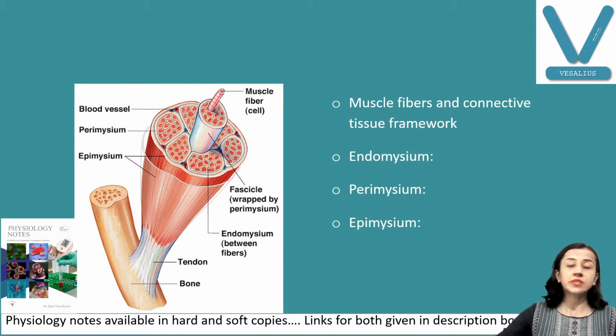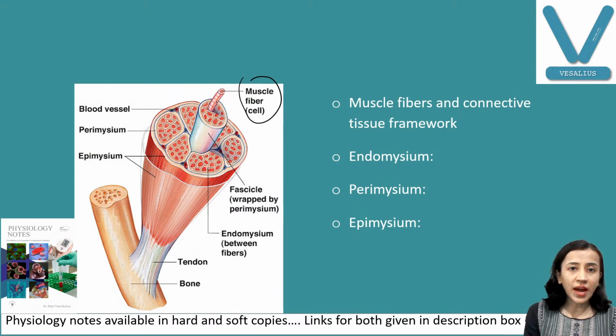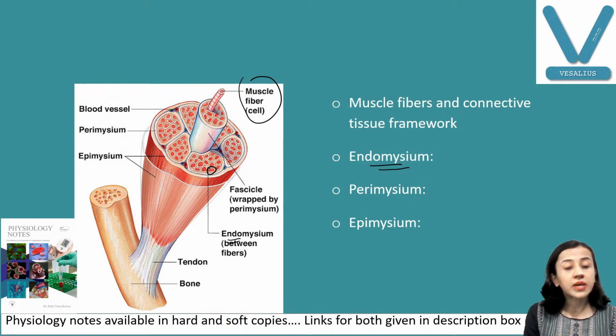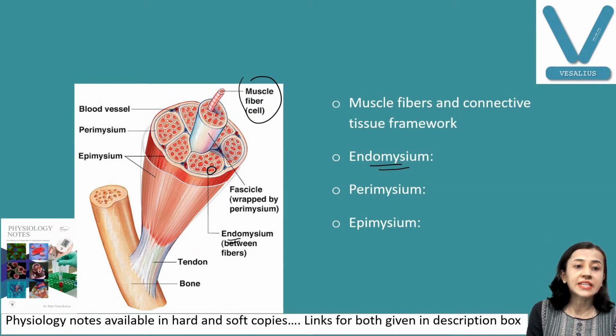Muscle fiber or muscle cell, both are the same. Each muscle fiber or muscle cell is covered by a connective tissue covering, and this covering is the endomysium. Each muscle fiber is surrounded by delicate connective tissue known as endomysium.